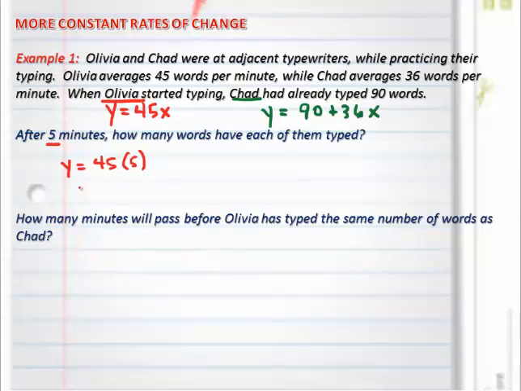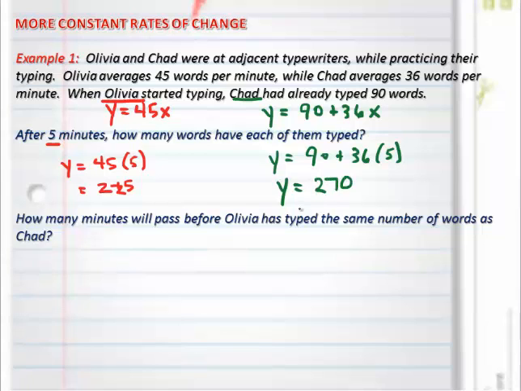And 45 times 5 would equal 215. I'm sorry, it's not 215, it's 225. And for Chad, we plug in a 5 for x, so 90 plus 36 times 5, and we get 270 words after 5 minutes.